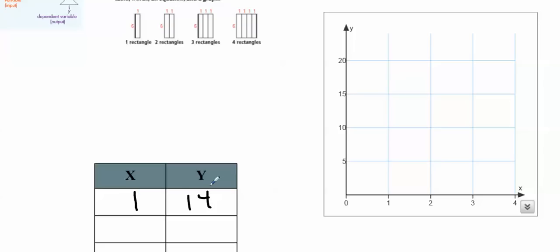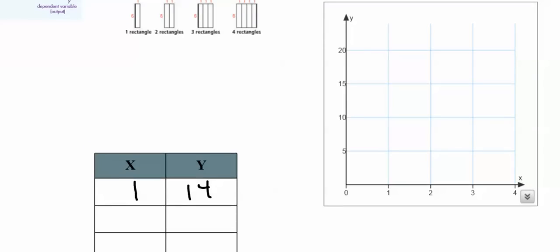Then I ask, what about two rectangles? If I add another rectangle, I now have 6 by 2. So 6 times 2 is 12, plus 2 plus 2. With two rectangles, that would be 16 for the perimeter, right?